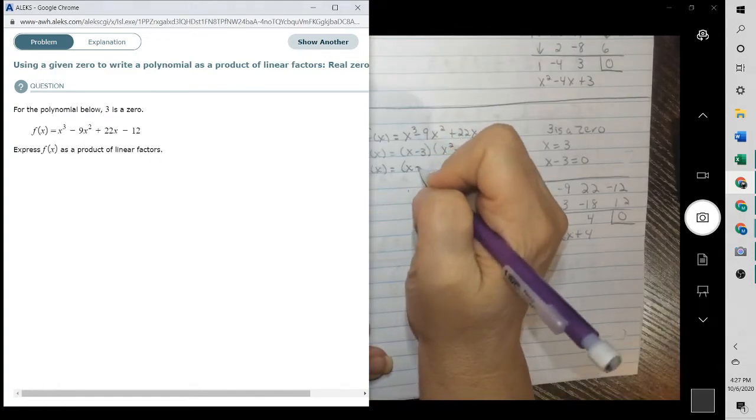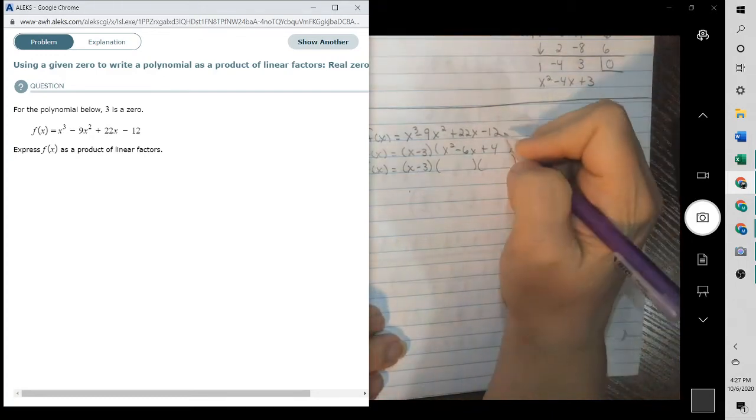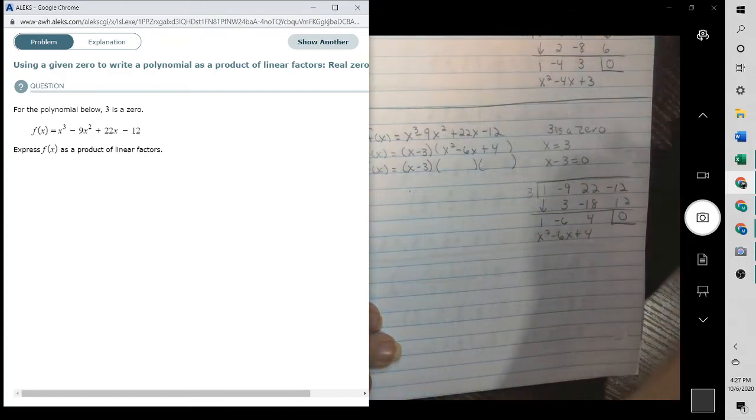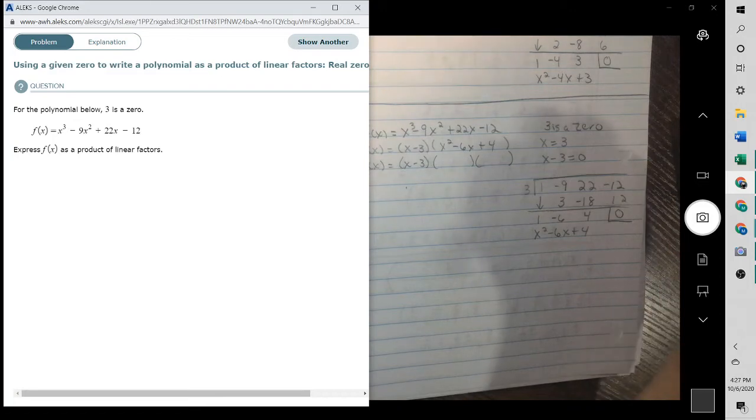They want it in linear factors, which means this is factorable. Not factorable.